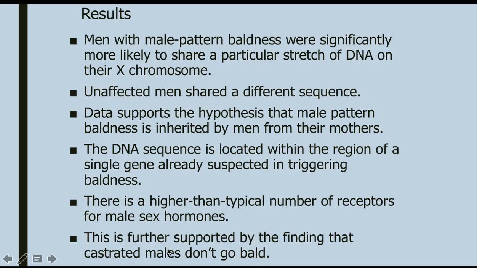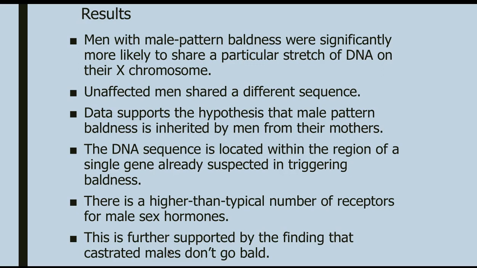So what they found is that men with male pattern baldness were more likely to have a specific stretch of DNA, and that stretch of DNA was on the X chromosome. Unaffected men had a different sequence on the X chromosome. This is how they figured out, through looking specifically at DNA and not necessarily pedigrees, that this was on the X chromosome.